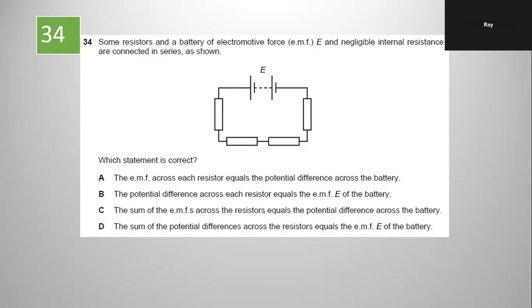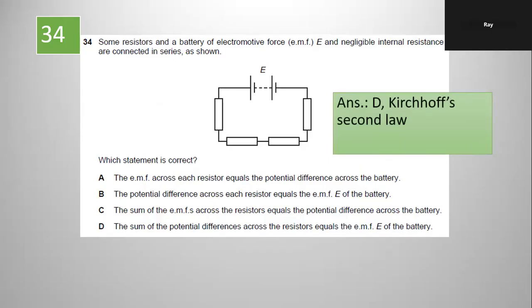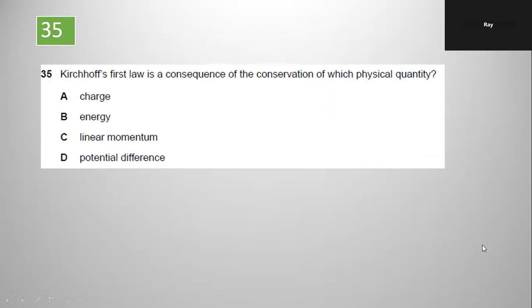Should be D. The sum of potential differences across the resistors equals the e.m.f. Yep, D is correct. Kirchhoff's second law. This one is memory work only lah, nothing much.